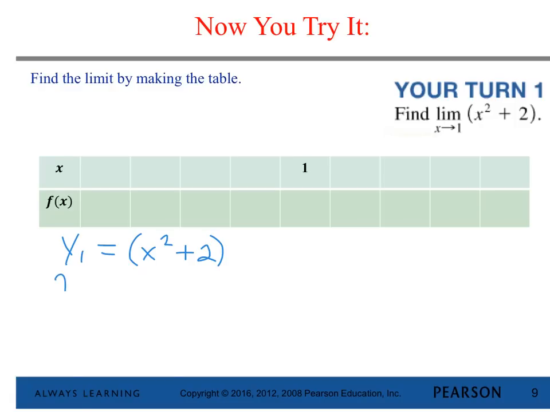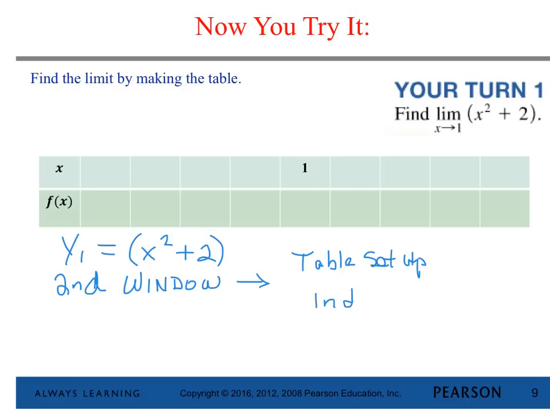Then I want you to press second window, which is going to take you to table setup. On table setup, go down to where it says independent. And rather than saying auto, I want you to put the cursor on ask.